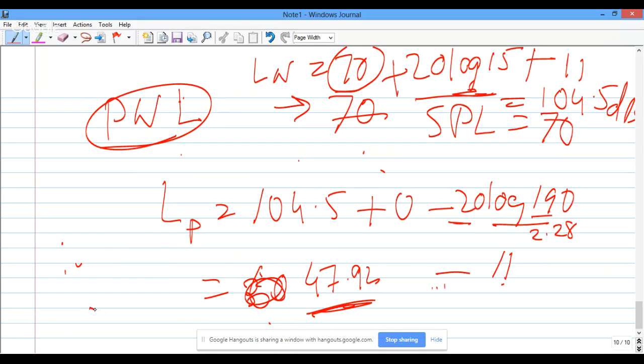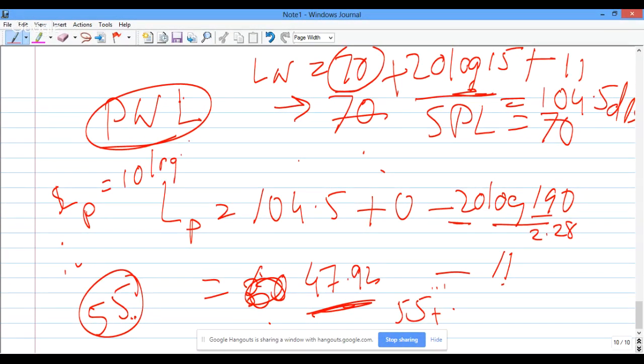Supposing the ambient is 55, which can happen in an urban area, in that case you will not get 47.92, but you will get 55 plus some fraction, because you cannot add dBs directly. SPL or LP is equal to 10 log I by I ref.